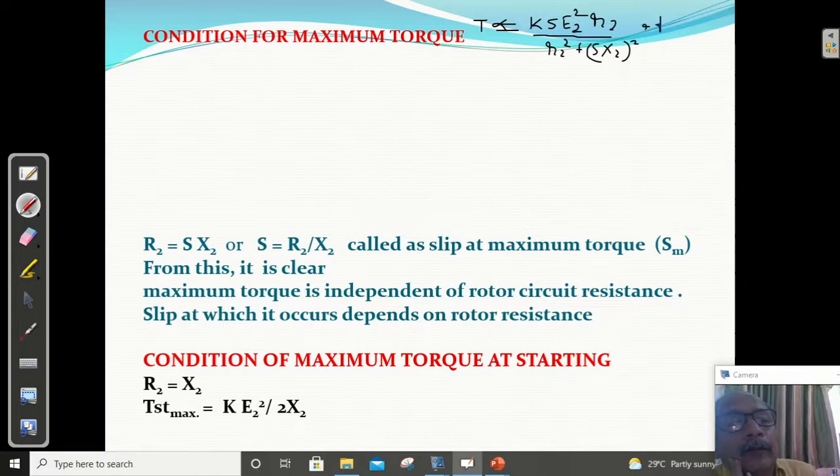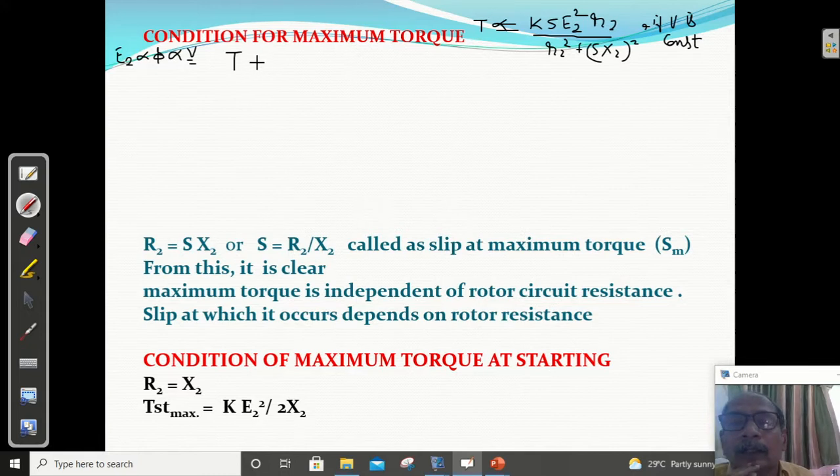Suppose V is constant, the supply voltage is constant. As I told you in the last lecture, last slide, E2 is proportional to flux and flux is proportional to V. If supply voltage is constant, E2 will be constant.